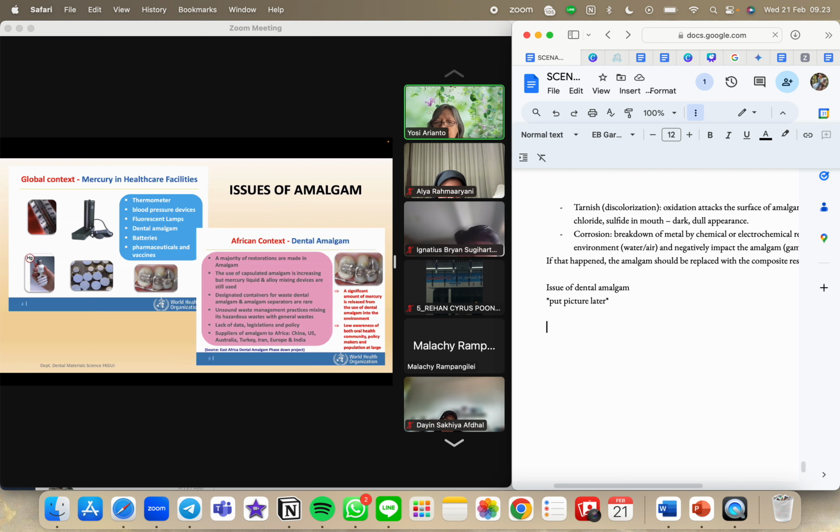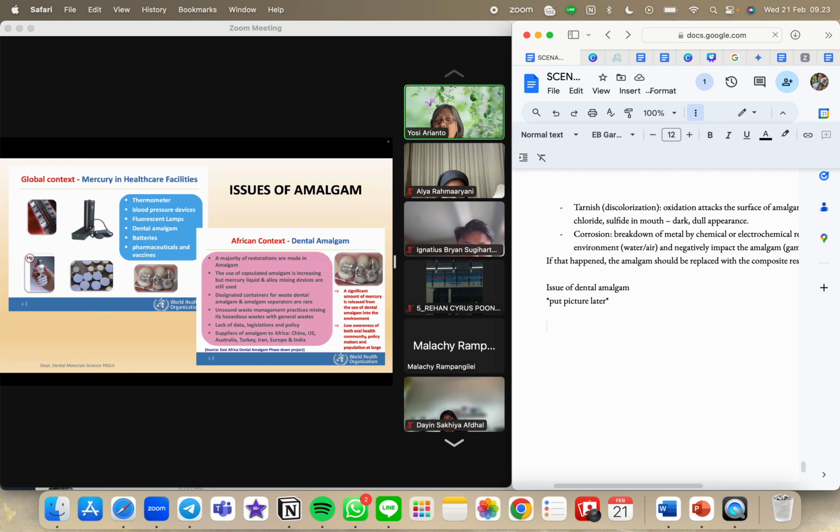A lot of people still use the amalgam because it is a very long-lasting restorative, but it is not aesthetic because the color is silver.